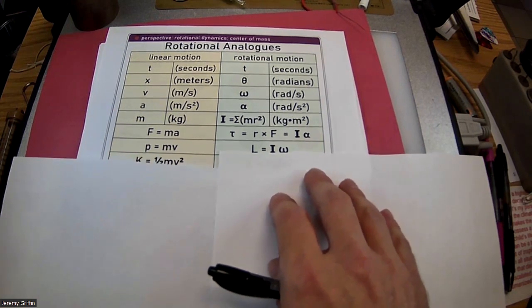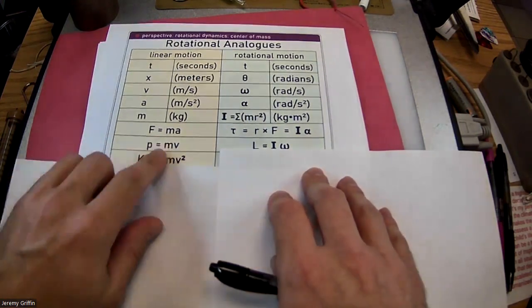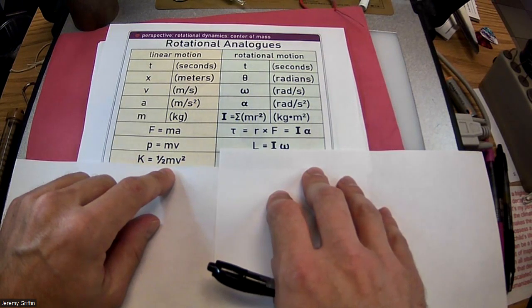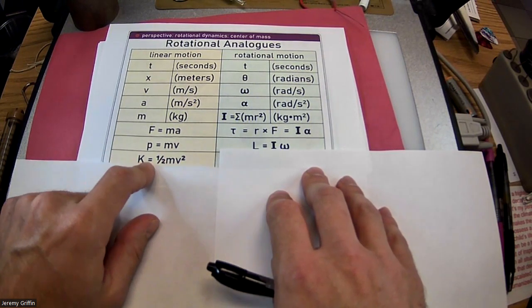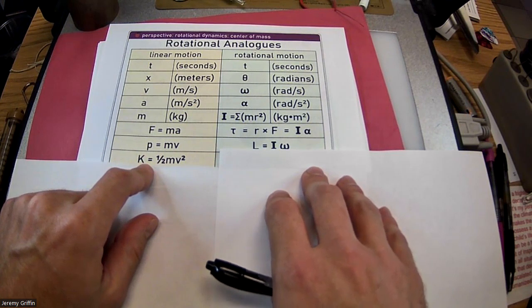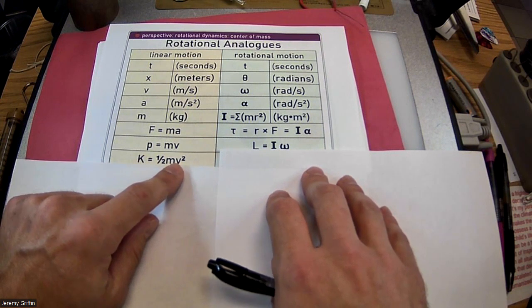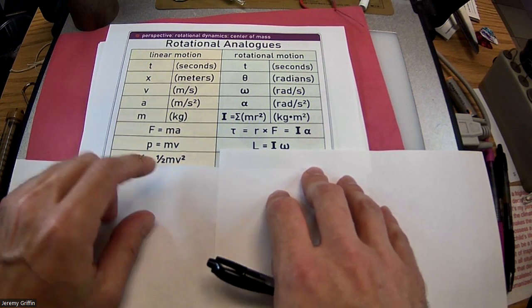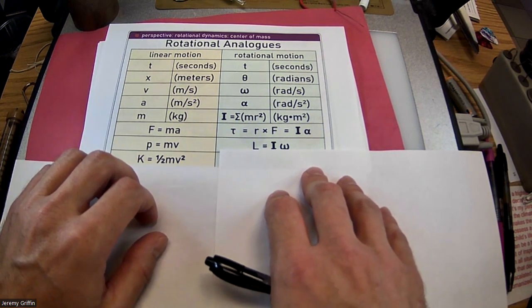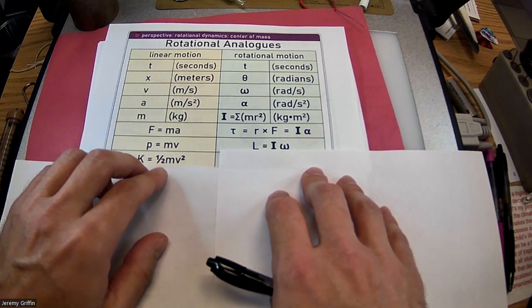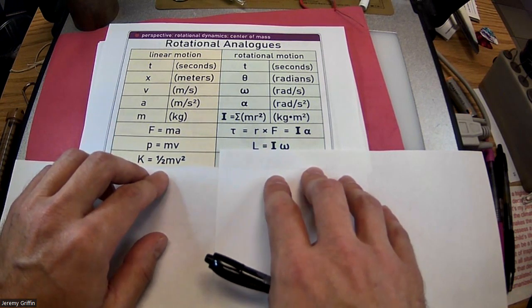Kinetic energy is 1/2 mv squared, right? Is that a scalar or a vector quantity? That is a scalar, so you don't care about signs or directions, nothing like that. All you care about is just the magnitudes. What is the rotational equivalent to kinetic energy?